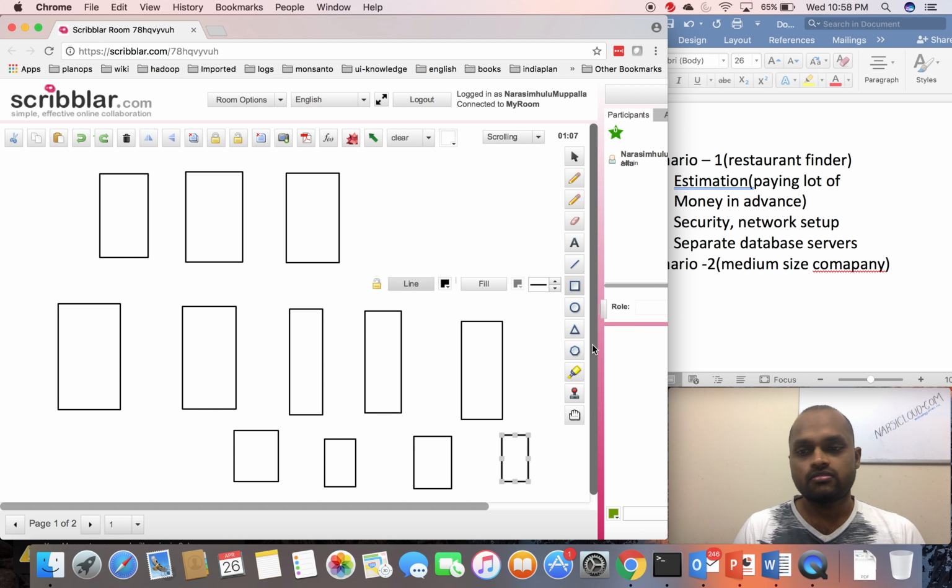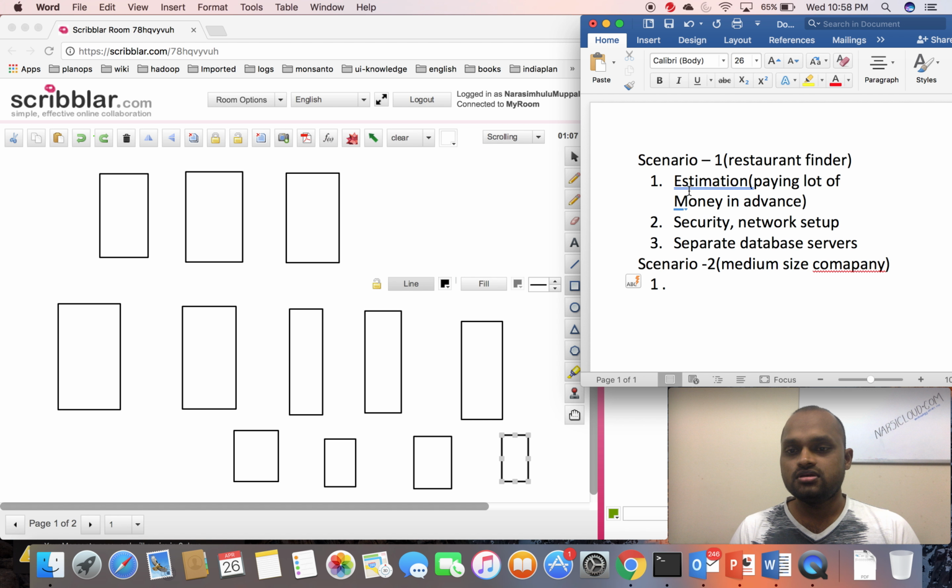So mostly here you would see the same kind of issues: estimation, security setup and all that. Companies might have separate teams to maintain all this, but it's a lot of cost for the company to maintain its own hardware and invest a lot of money in advance.